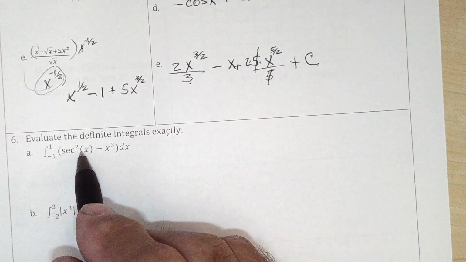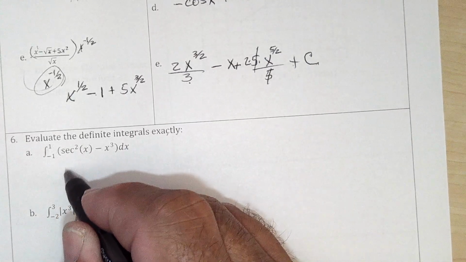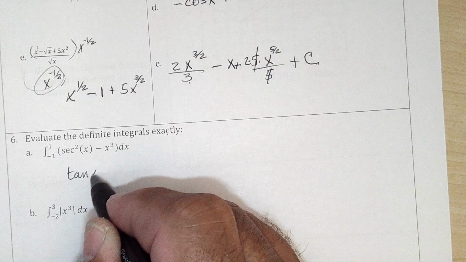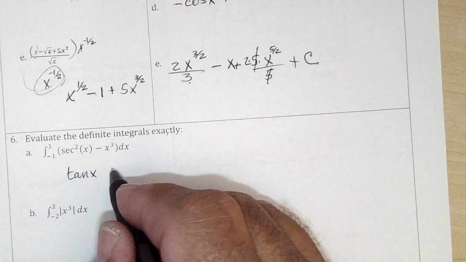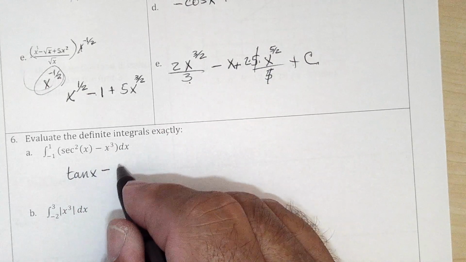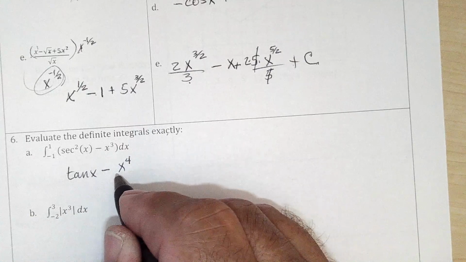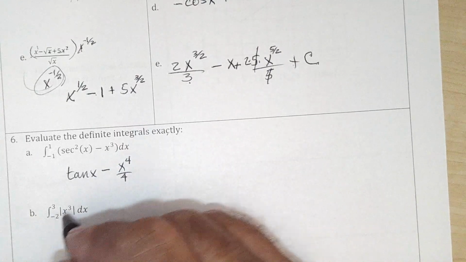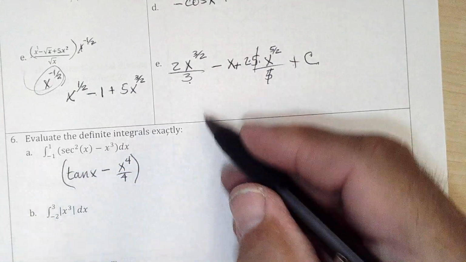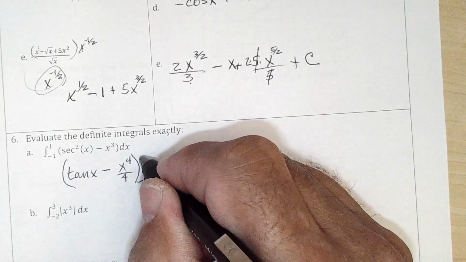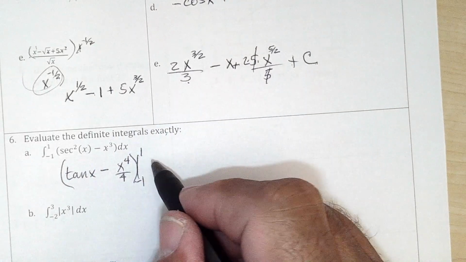So secant squared is the derivative of tangent x, and the antiderivative of x to the third is x to the 4th over 4. And we're going to evaluate it from -1 to 1.